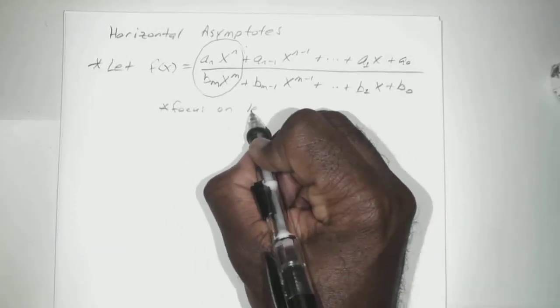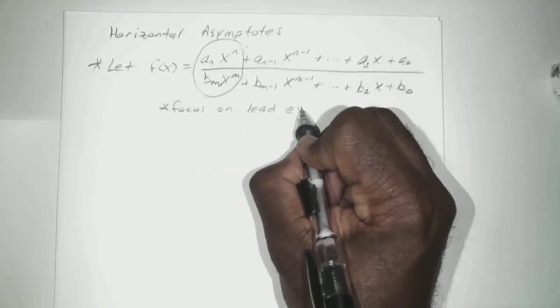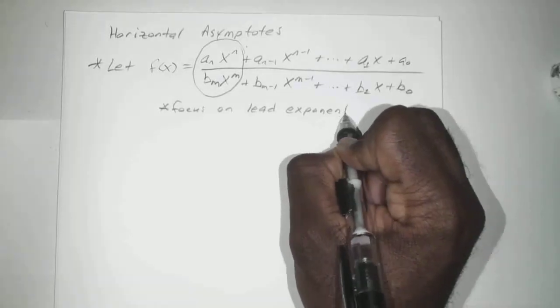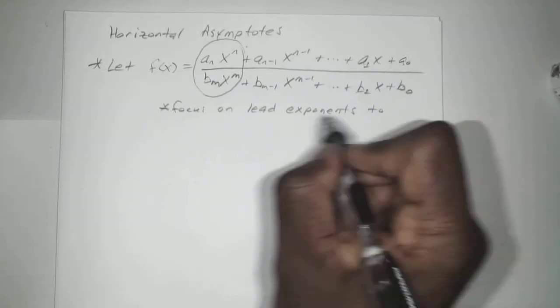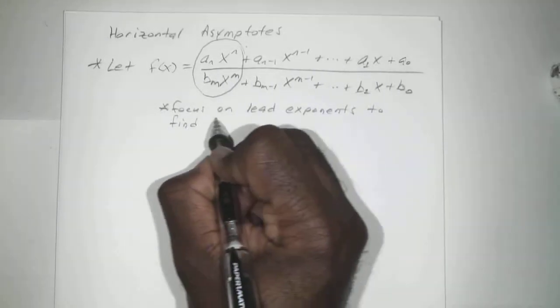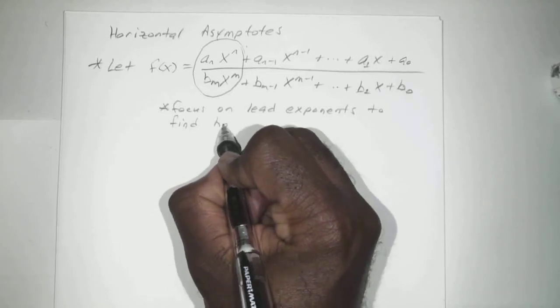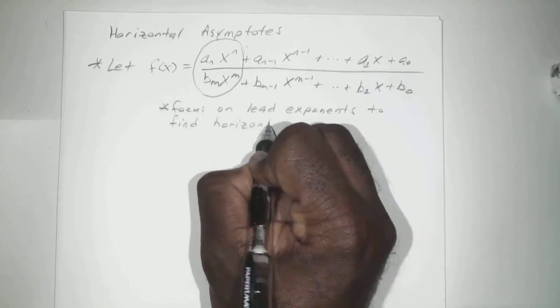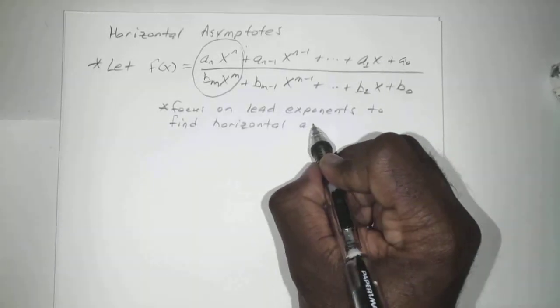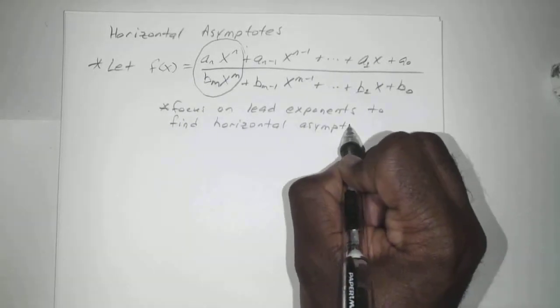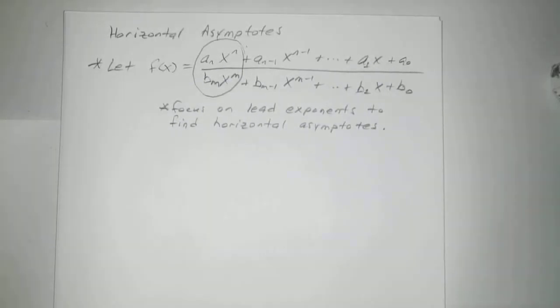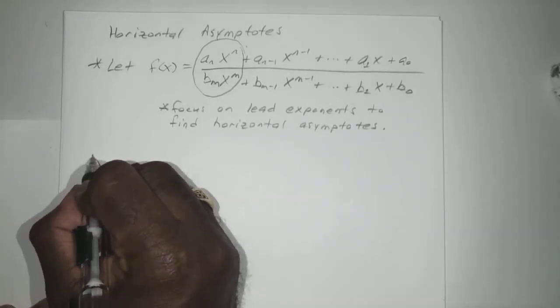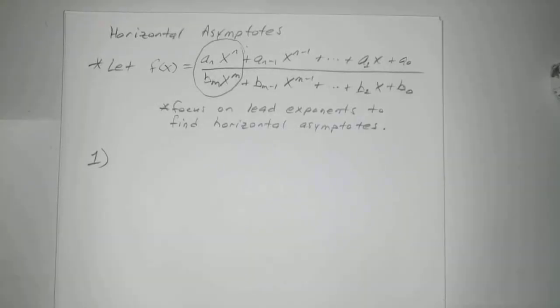So focus on lead exponents to find horizontal asymptotes. You have three different scenarios.